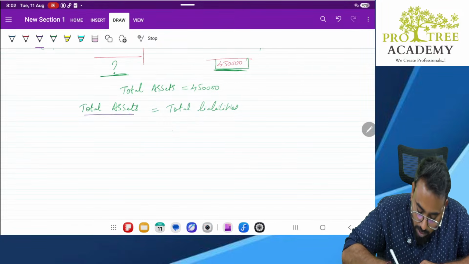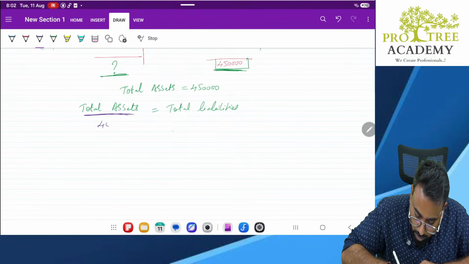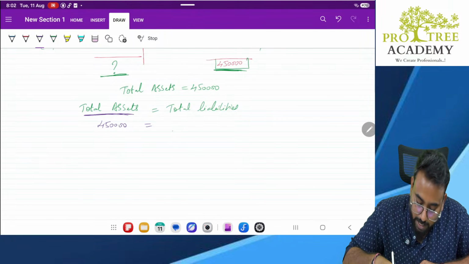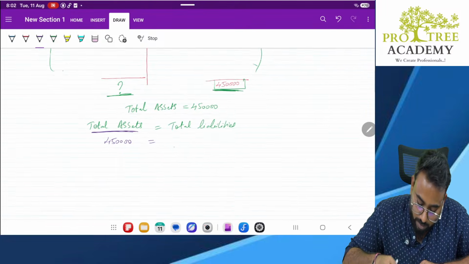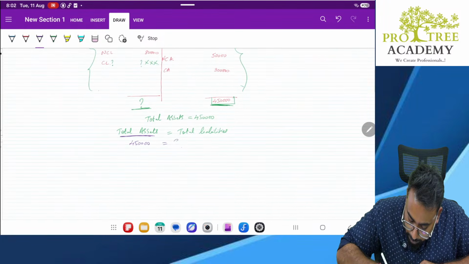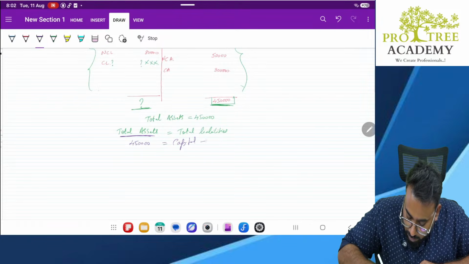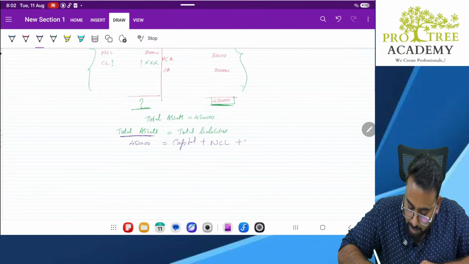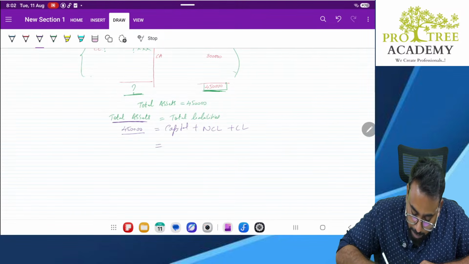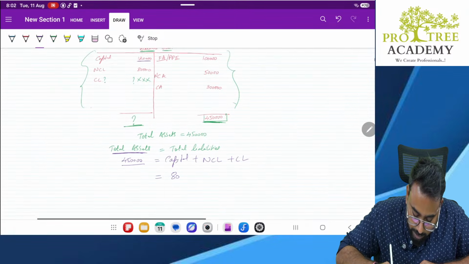Now, you know what is total assets? Yes, sir, I know what is total assets. How much is it? 4,50,000. Okay, you know total liabilities? That is the problem, sir. I don't know. Sir, I have capital. Very good. Write down: capital plus non-current liability plus current liability is equal to 4,50,000. How much is the capital?